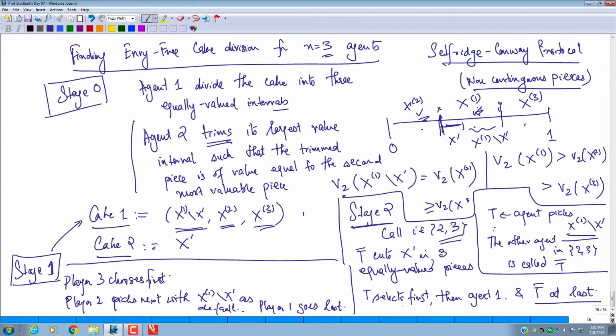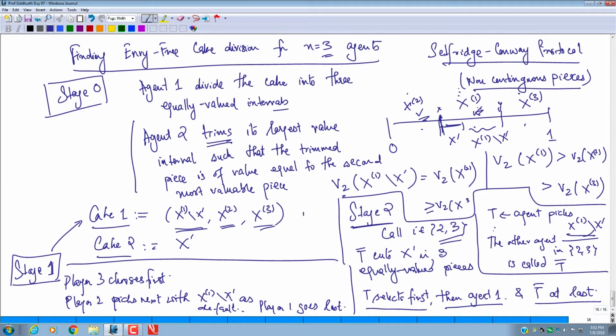T can go up ahead, and the key point again, which I've been belaboring, is that this guy going before agent 1 will not create envy for agent 1 because of the fact that T has this thing. So even if in this case it would have selected the whole cake, agent 1 would not have been envious of it. Agent 1 has either x2 or x3, which is indifferent to x1.